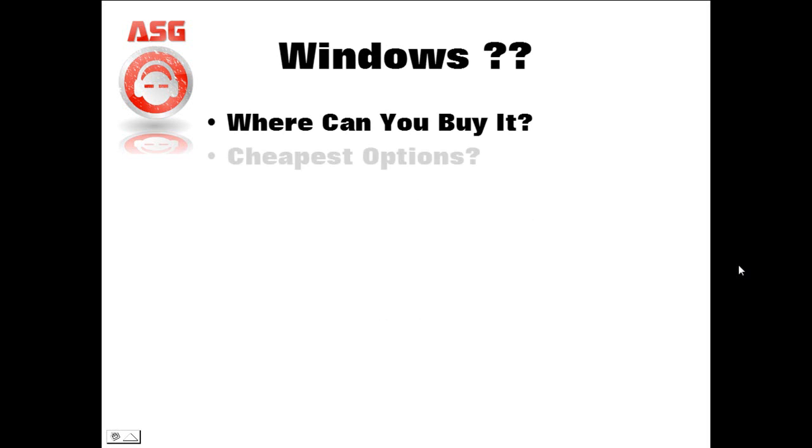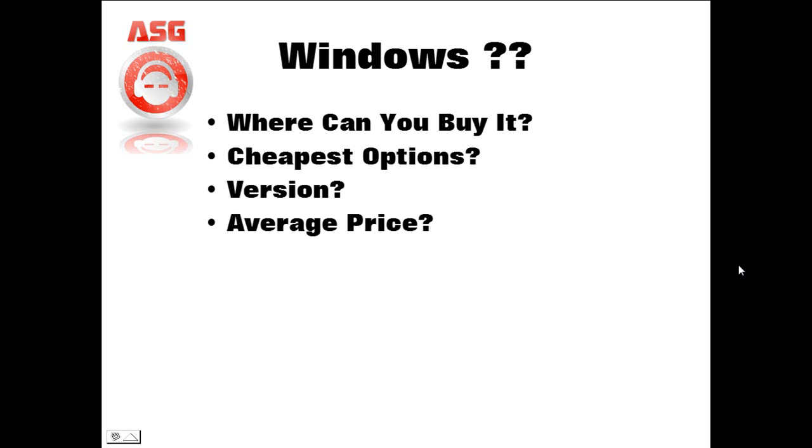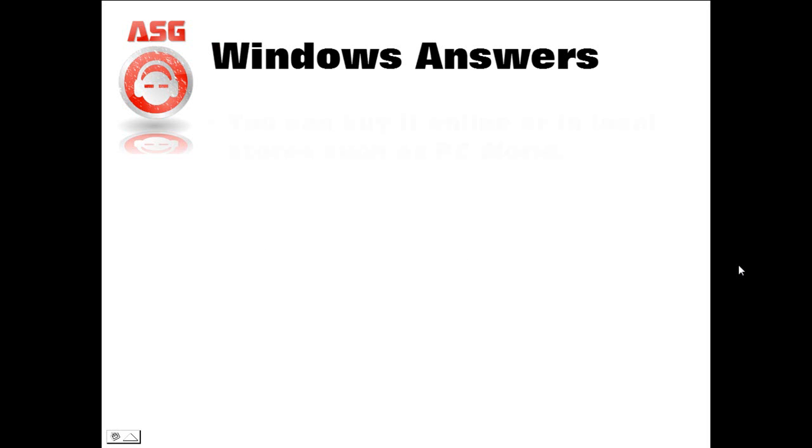First off, Windows. We have some questions for Windows, which is where can you buy it, the different stores, what are the cheapest places, what version should you get for the best quality gaming, the average price of Windows, and the two different types, retail or OEM.